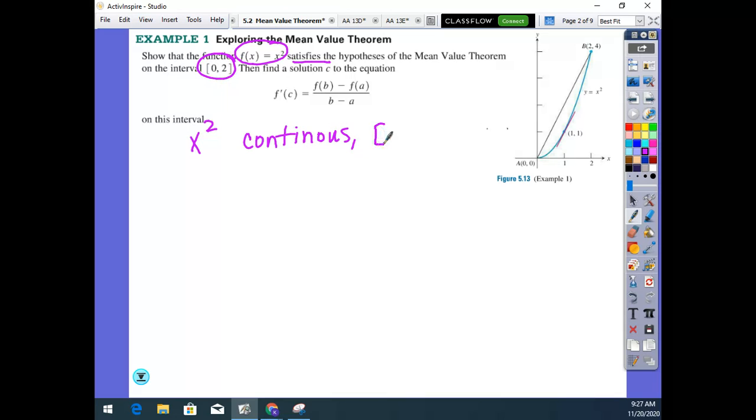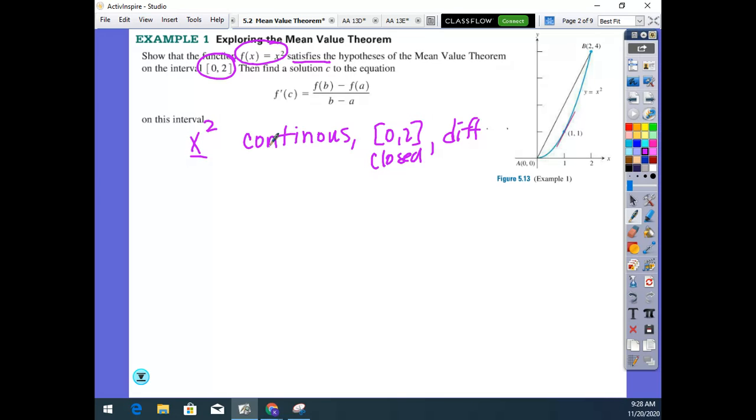Closed, this is a closed interval. And differentiable. With all polynomial functions, they're always differentiable. If you're not sure, I would just write continuous, closed, differentiable. Then it satisfies this theorem.